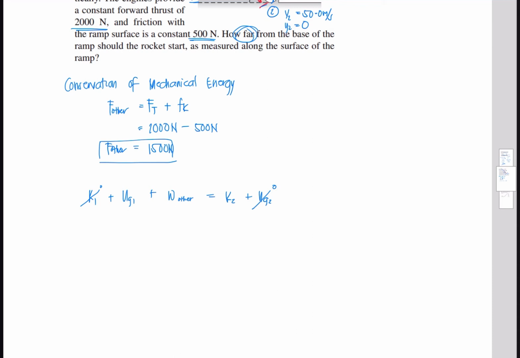If we are going to expand this, UG1, or the potential energy at point 1, we have mg y1 plus the work done by the other forces, so we have F others times the distance, which is our concern, is equal to 1/2 the kinetic energy, so that is 1/2 mv2 squared. Okay, yun yung mv2 natin. Okay, and so take note that we are concerned with S. Yung S yung hinanap natin.